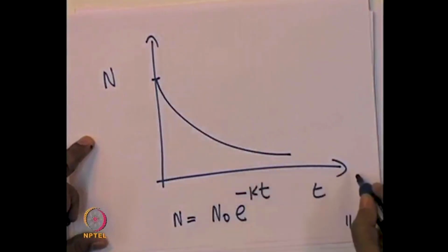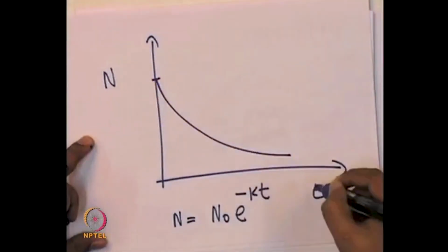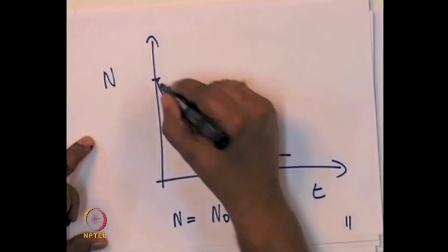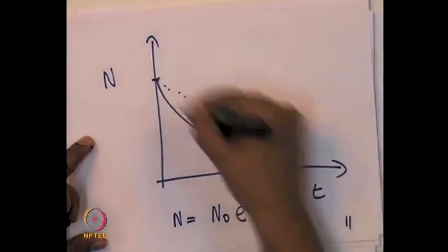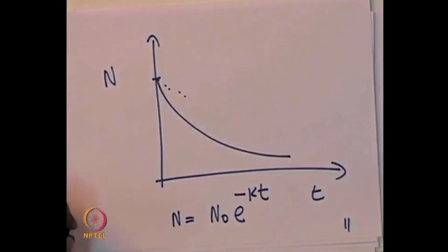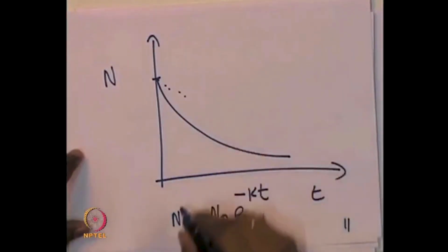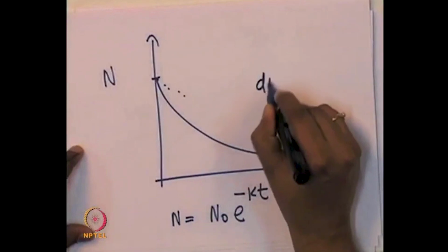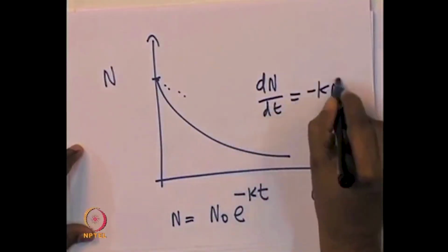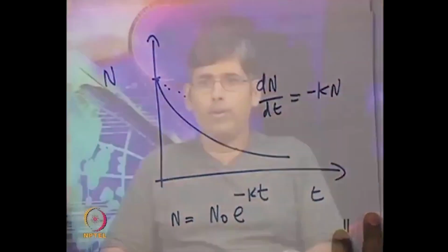As the time goes, the number decreases exponentially. If it was a straight line, we would have got something like a straight line like this, but here it is exponentially decreasing. So, this equation N equal to N0 e power minus kt is a solution of dN by dt is equal to minus k times N. This is the case that we discussed.